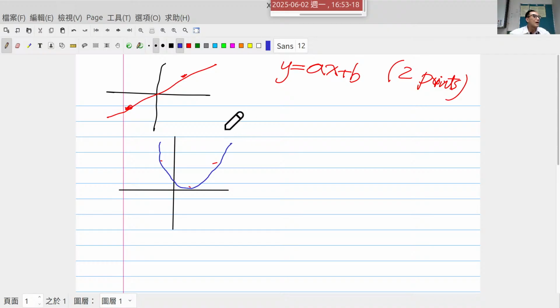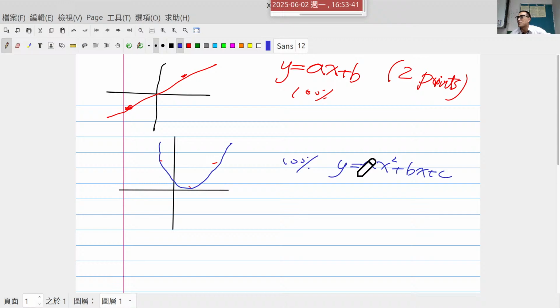Like this one, and that is 100% fit. The equation is y equals ax squared plus bx plus c, as I demonstrated a few minutes ago.